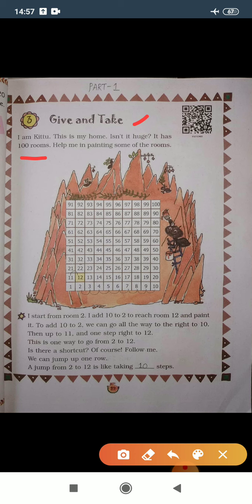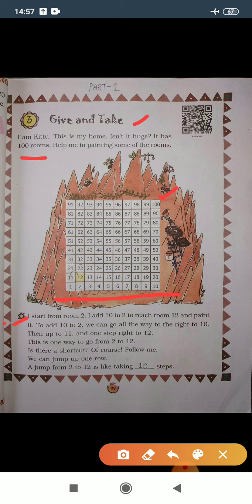Now you can see here the number starts from 1 and it ends on 100. That means there are how many rooms? There are total 100 rooms. And Kittu wants to paint some of the rooms and we need to help him.